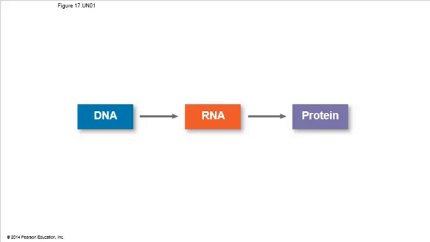Although some RNA molecules can act as templates for DNA, this is a rare exception that does not invalidate the idea that, in general, genetic information flows from DNA to RNA to protein.